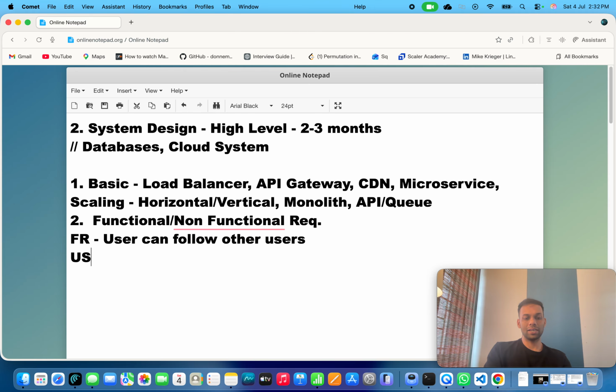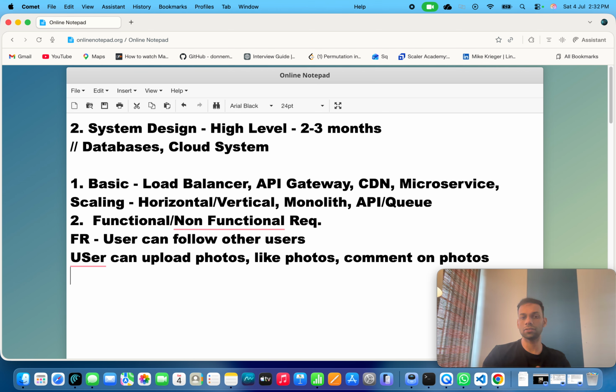Second, it could be that a user can upload photos, and comment on them. That is also a functional requirement. What is a non-functional requirement? The system should be highly available. I mean, if one of the services goes down, another should take up the load.